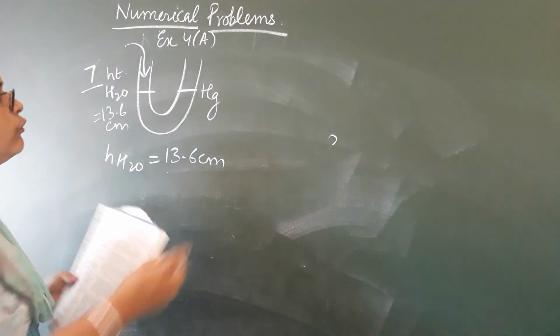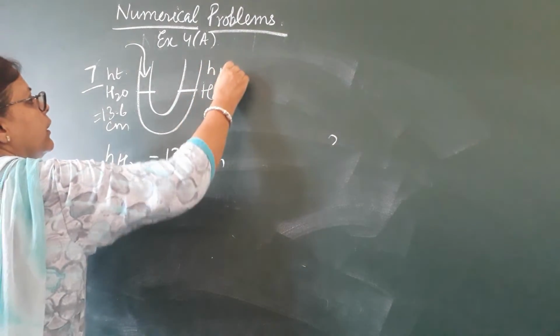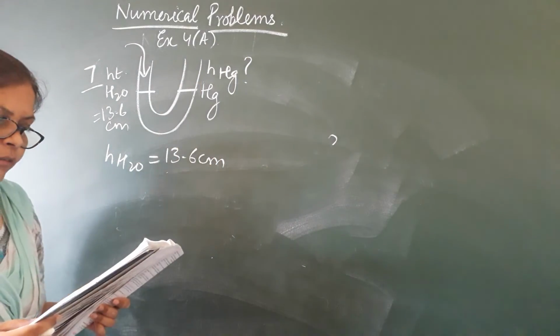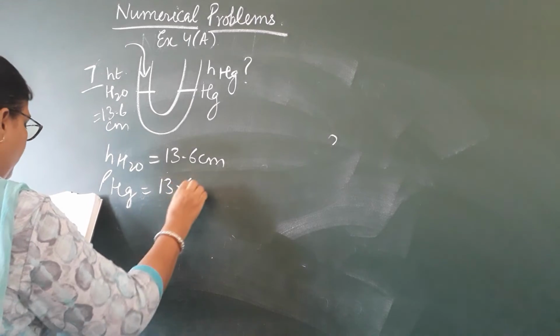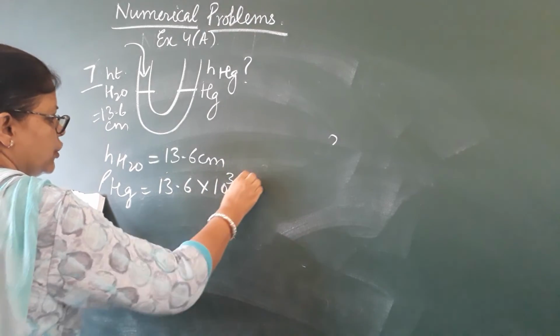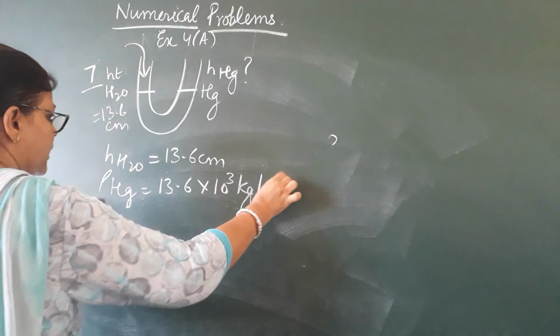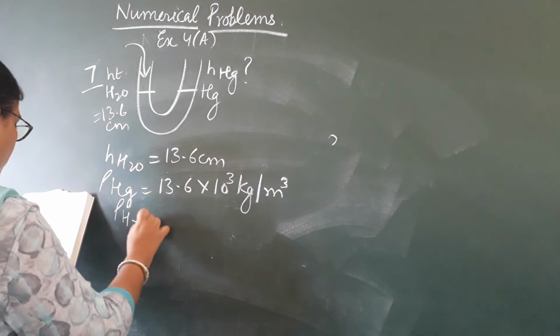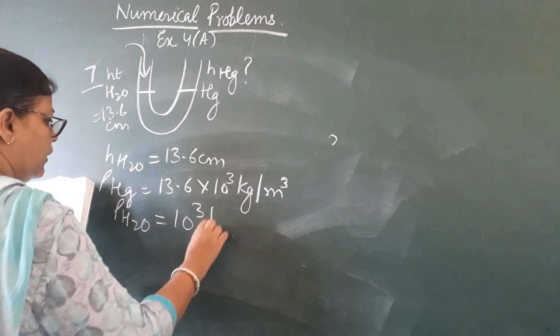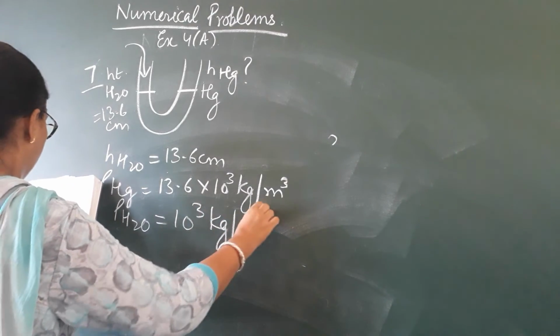So you have to find out the height of mercury which will rise up. And what else is given? Density of mercury is given to be 13.6 into 10 to the power 3 kg per cubic meter. You have also been given the density of water, H2O, to be 10 to the power 3 kg per cubic meter.